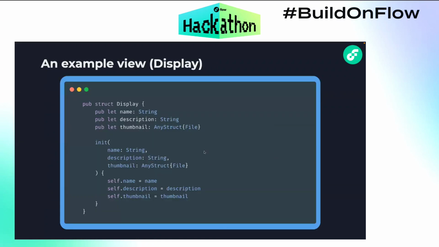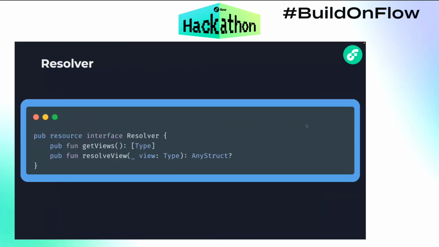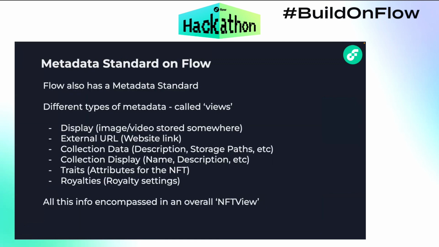These different metadata, so I'll give you an example of one of the simplest ones, the display metadata. The display metadata just has name, description, and thumbnail. And the way we implement it is we have to implement this thing called a resolver. And the resolver basically returns a list of what different views your NFT contract has. I listed like 6 different views over here.